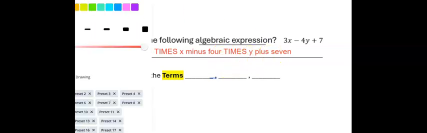Okay, so you should have written this out as 3 times X minus 4 times Y plus 7. If you did not include the word times in both of these places, or synonyms for times, then you missed this.